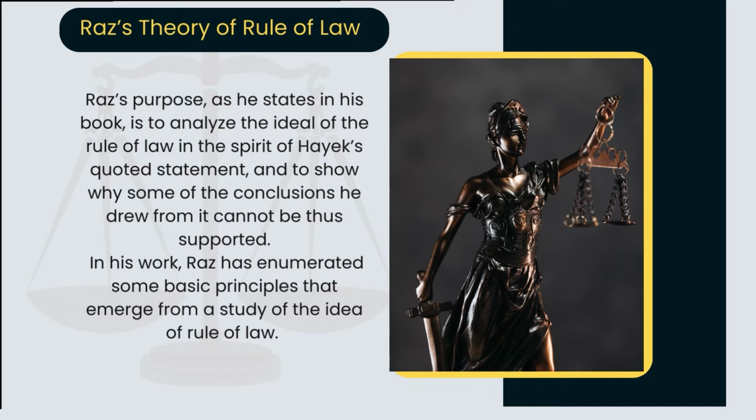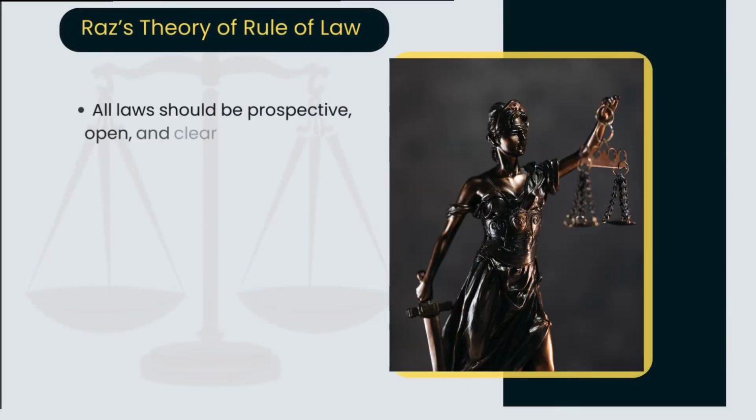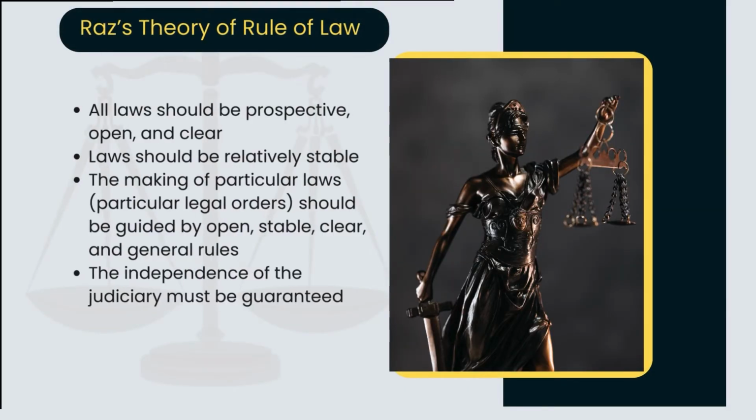In his work, Raz has enumerated some basic principles that emerge from the study of the idea of rule of law. His eight principles may be enumerated as: all laws should be prospective, open and clear. Laws should be relatively stable.